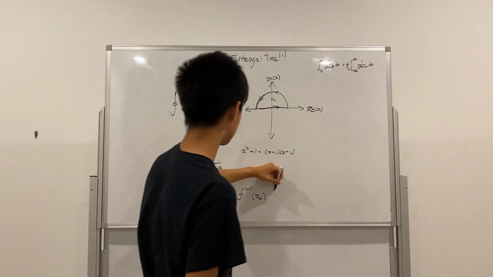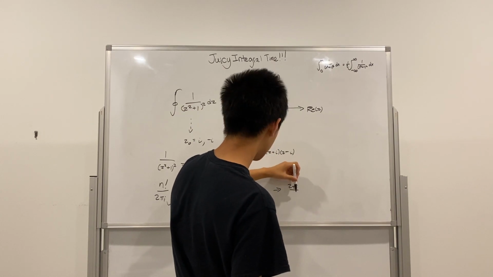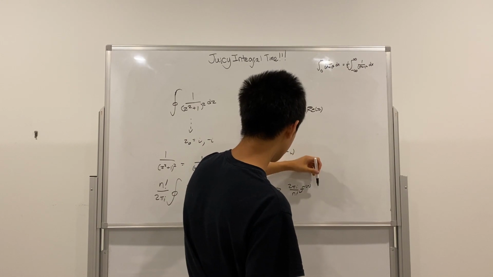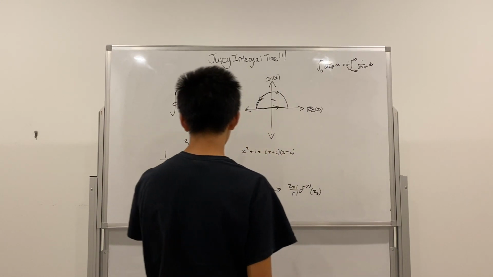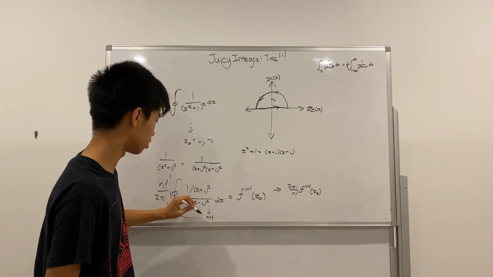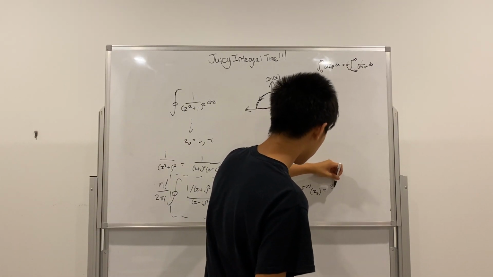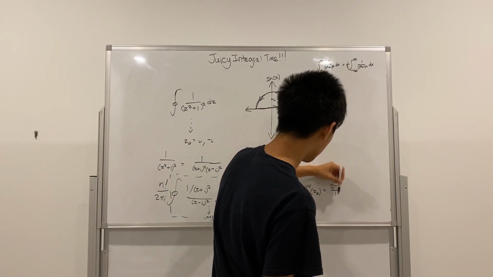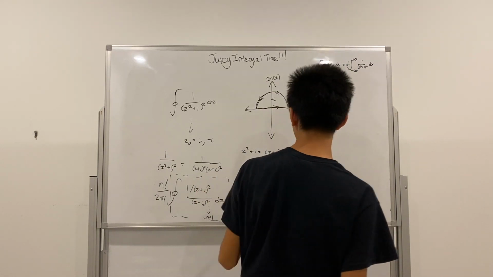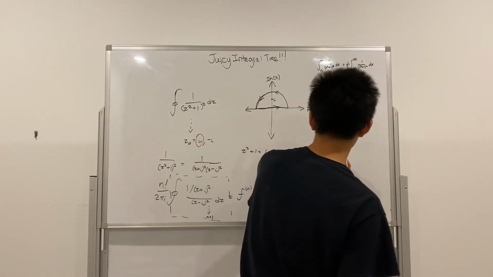So we get 2 pi i over n factorial f to the nth derivative of z0 equals this part of the integral. So that's 2 pi i over 1 then the first derivative of f with respect to z, then we can plug in z naught. Remember, z naught is going to be i, since that's a singularity enclosed.